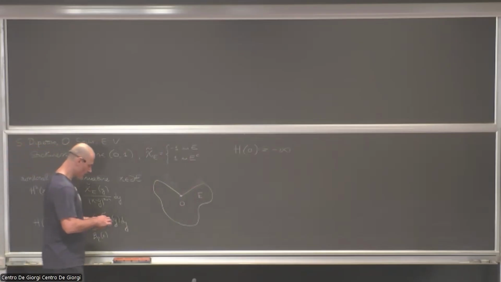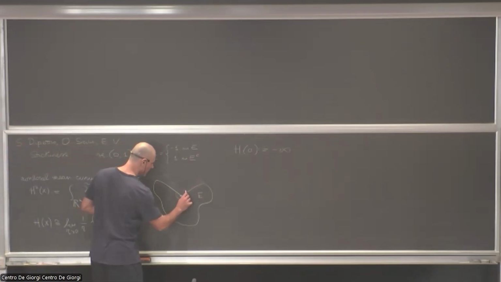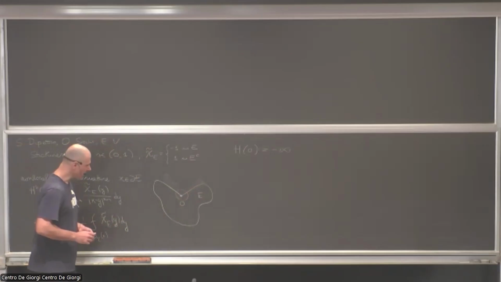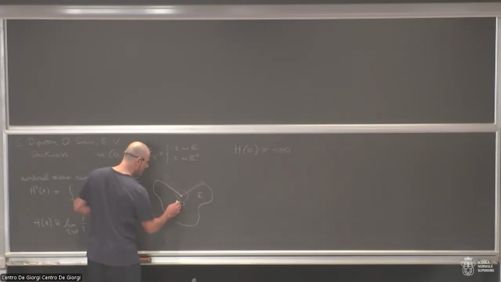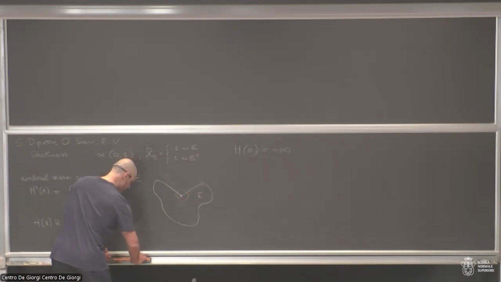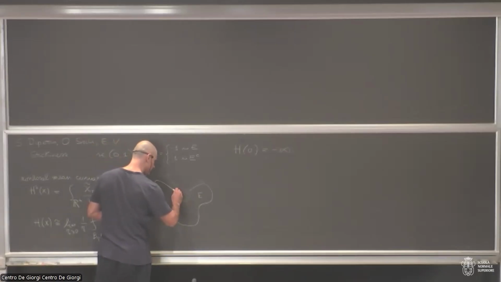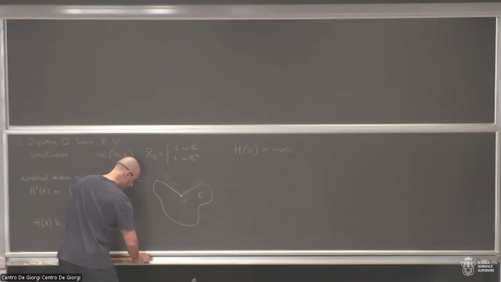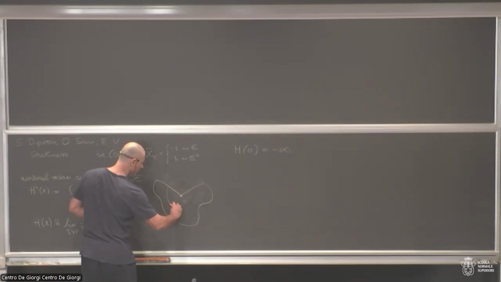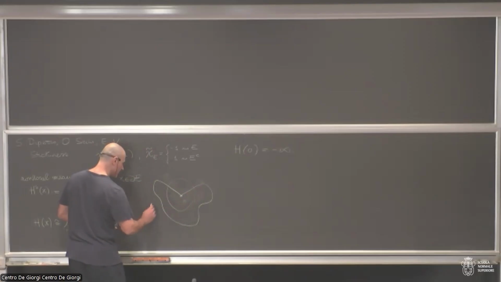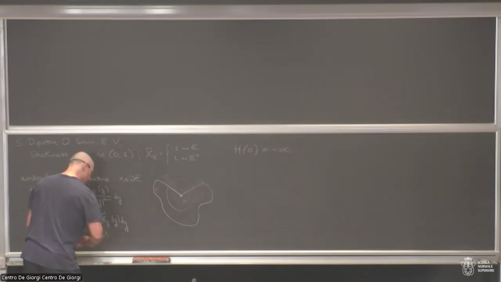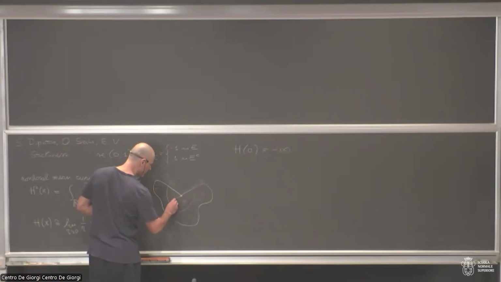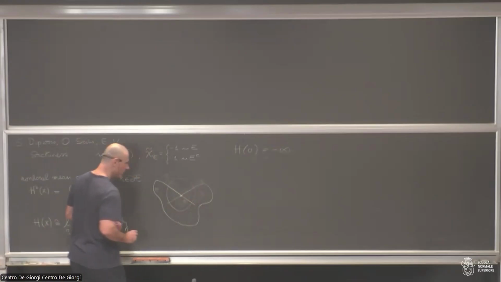So if you use this definition, you just have to look at a small neighborhood here and look for cancellation. So let me draw a bigger picture. I take a small ball, but I draw the ball sufficiently large to be seen. And I look for cancellation. So this is a cone.